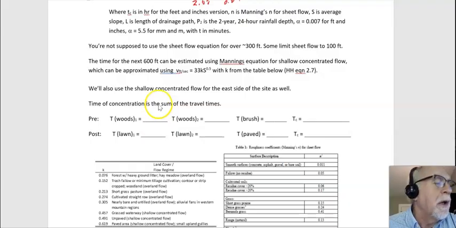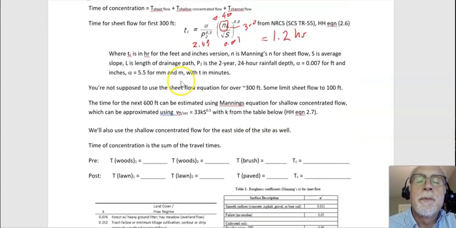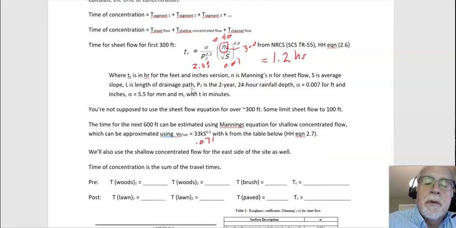I'm going to use a k of 0.076. Where did I get that from? Forest with heavy ground litter. So that's the k I'm going to use.